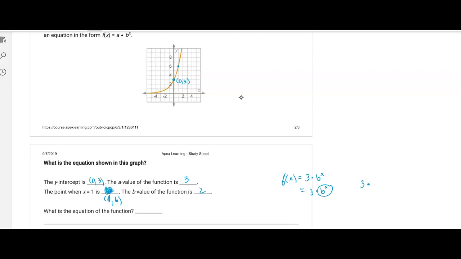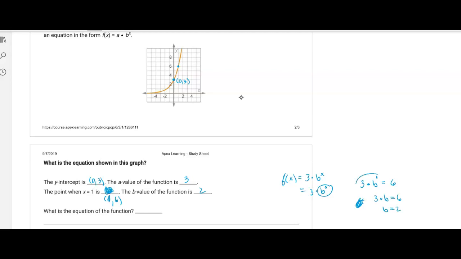Well, if I do 3 times some number to the first power, and I know the output of this is 6, I know b to the first is b, so 3 times b equals 6. So if I divide by 3, b is 2.